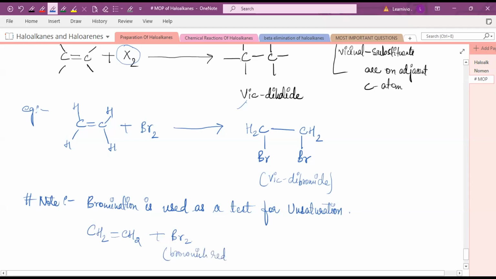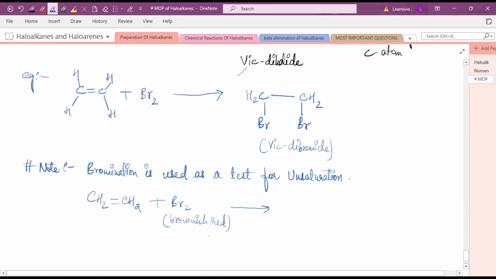What color is bromine water? Basically it's a brownish red color. So when you treat any unsaturated compound with bromine, you will again get the vicinal compound, and this vicinal dibromide is colorless.